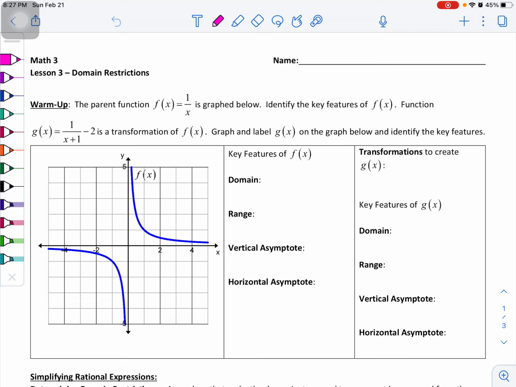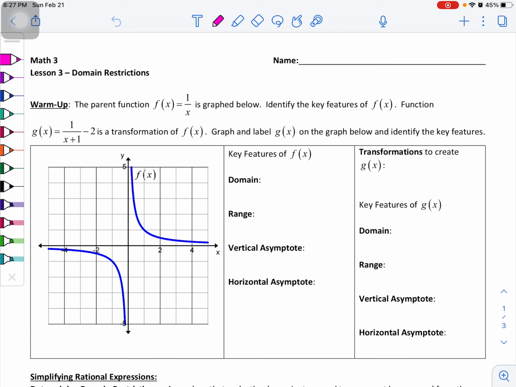So from left to right, I know I have the domain from negative infinity. There is this pretty little curve, and it's going to go all the way up to this vertical asymptote here at 0. It's going to jump over the 0, and then the curve continues to positive infinity. So that domain is going to be from negative infinity to 0, and then from 0 to infinity.